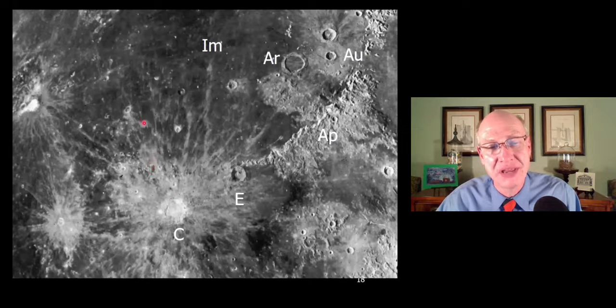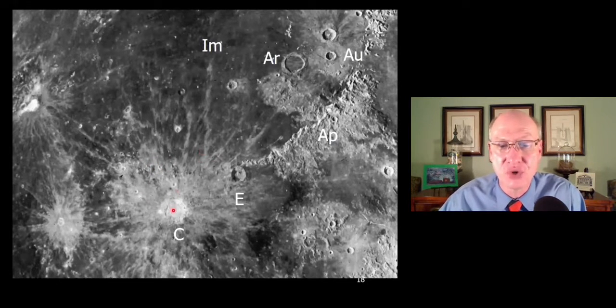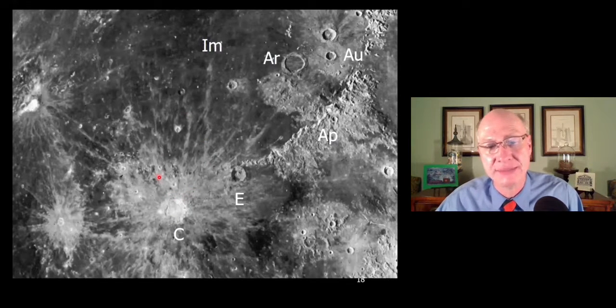You'll notice that Copernicus, with all this fresh ejecta on the surface, looks like a young, fresh crater. Over time, this ejecta darkens and disappears. But when it's young and fresh like Copernicus is, that ejecta is quite bright. Autolycus, we can still see some of its ejecta blanket here. Eratosthenes, it's hard to tell because there is so much ejecta from Copernicus around it.